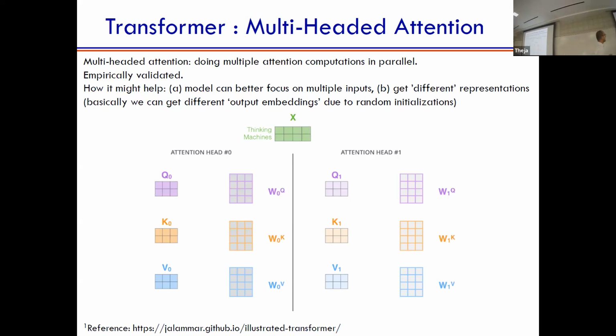To counter that, you're basically doing a parallel computation. The encoder layer gets some inputs, and while passing through the self-attention sublayer, you do the same computation multiple times with potentially different matrices.